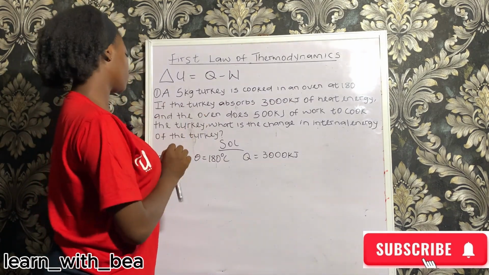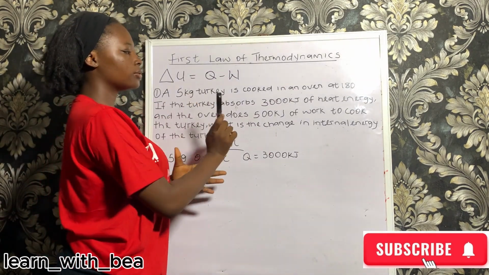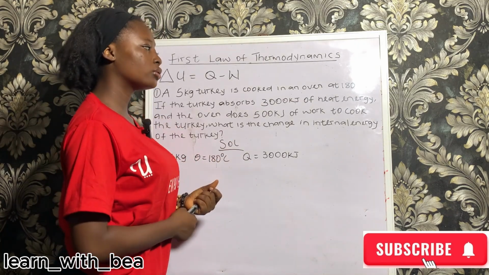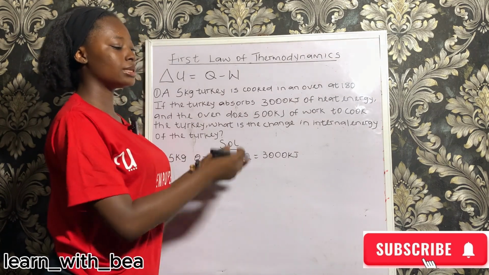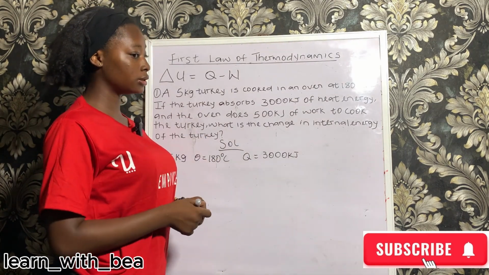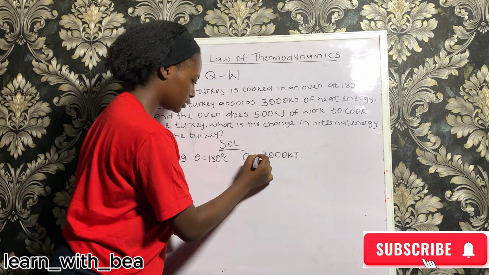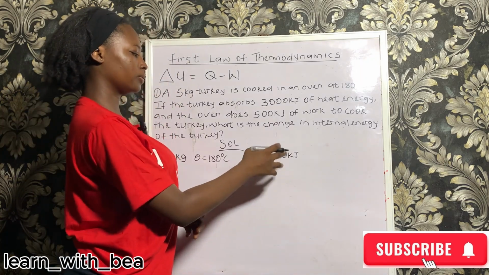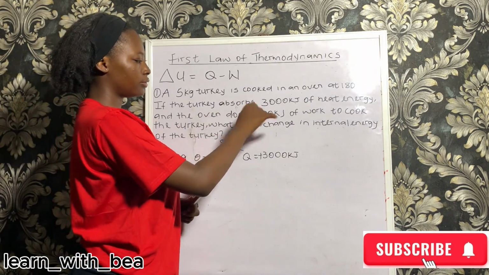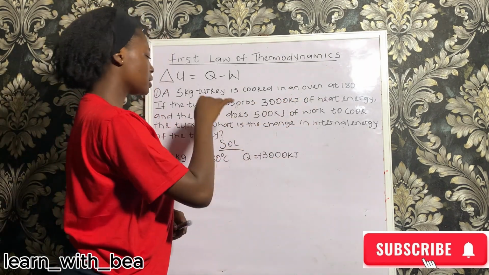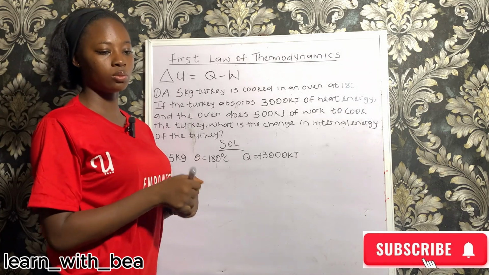Now we need to know if our Q is positive or negative. Let's get it from the question. If the turkey absorbs 3,000 kilojoule, and I mentioned that if heat is added to the system, or if it absorbs it, then it's a positive Q. So this is plus 3,000 kilojoule of heat energy, and the oven does 500 kilojoule of work. Now it is the system that is doing the work.